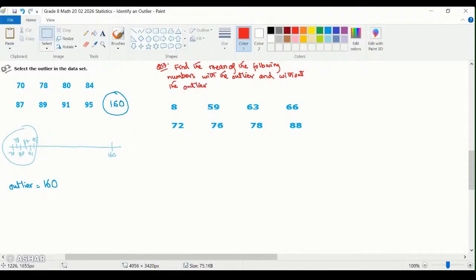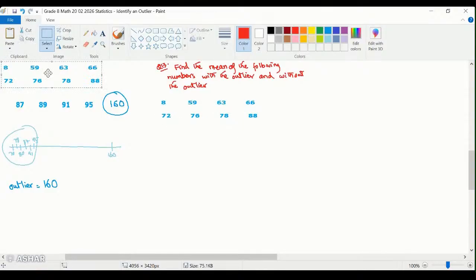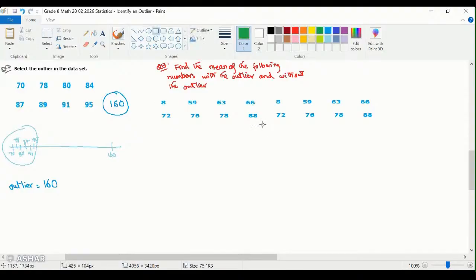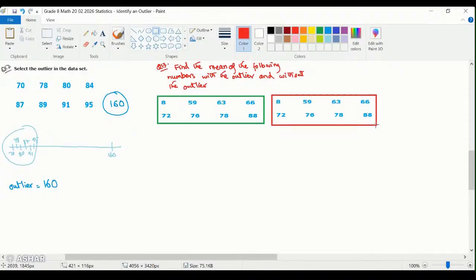So if these numbers were given to us, once we'll consider these numbers with an outlier and once without an outlier. The problem we can face in this type of question is that if we make a mistake in selecting an outlier, then the entire information would be wrong.